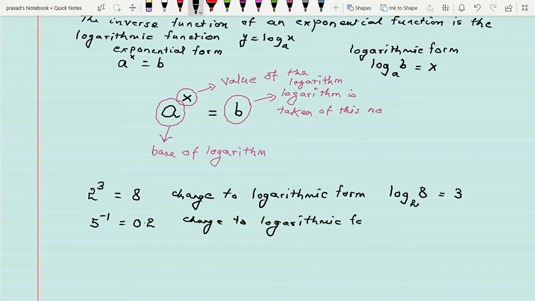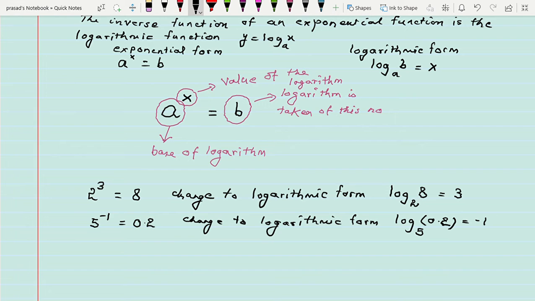How will you do it? You'll take log of 0.2. What will be the base? Yes, the base will be 5 and the value of logarithm will be negative 1.